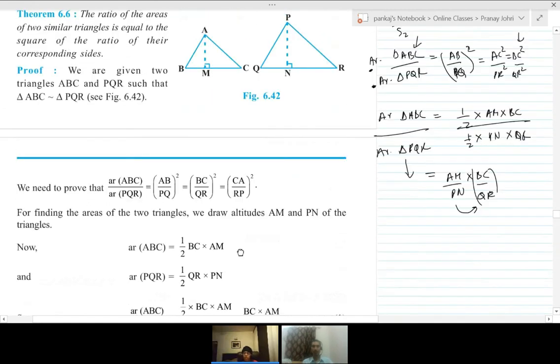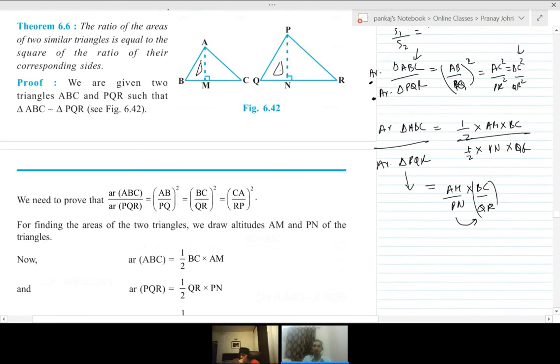We can put these two triangles similar and then take the ratios. We know that angle AMB is equal to angle PNQ, both being 90 degrees.